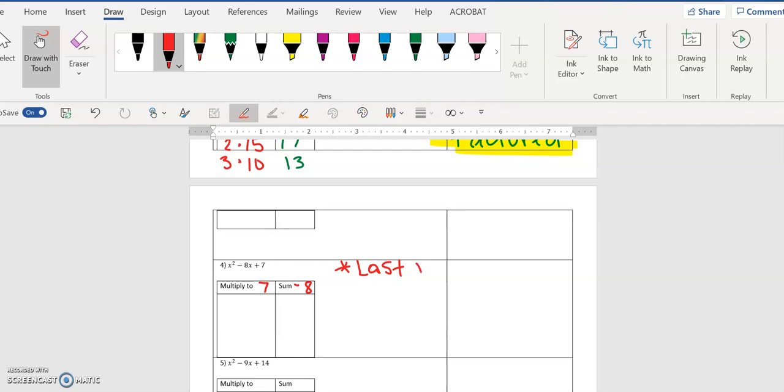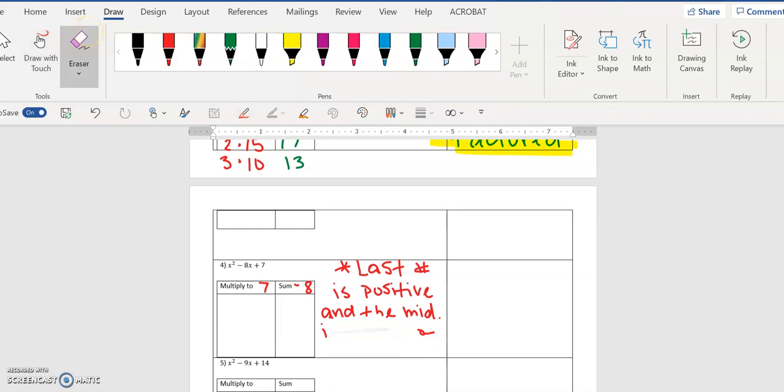If the last number is positive and the middle is negative, both factors are going to be negative.